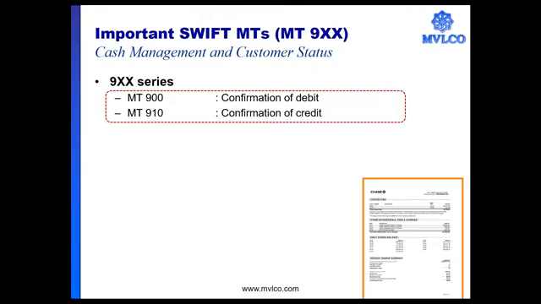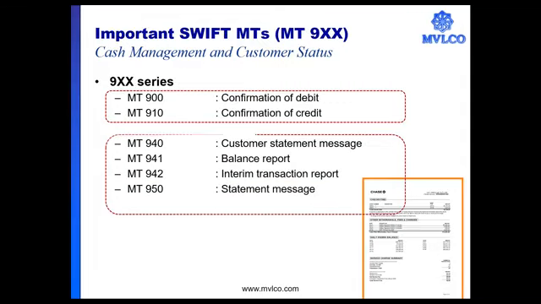So we have two classes, 900 and 910 on one side, and then the other types, 940, 941, 942 and 950 on the other side. Let's understand the classification which I have created only for our discussion today. Whenever a bank debits your account for any outgoing payment, assuming that of course you are able to receive these SWIFT messages, then the bank will send you an MT900.